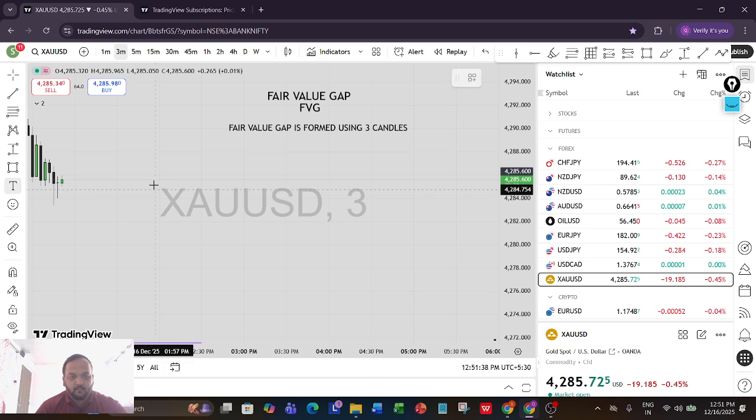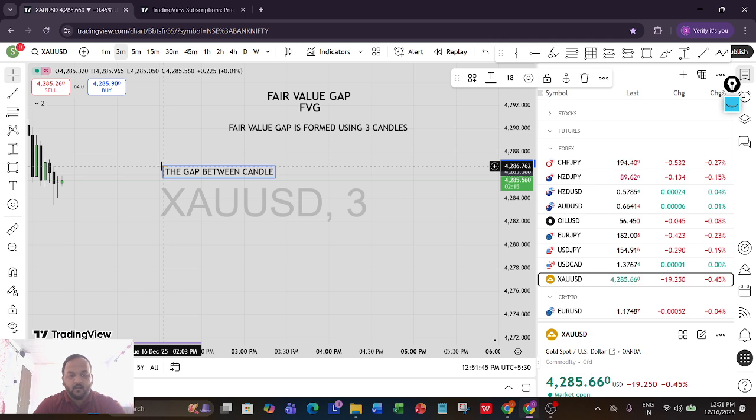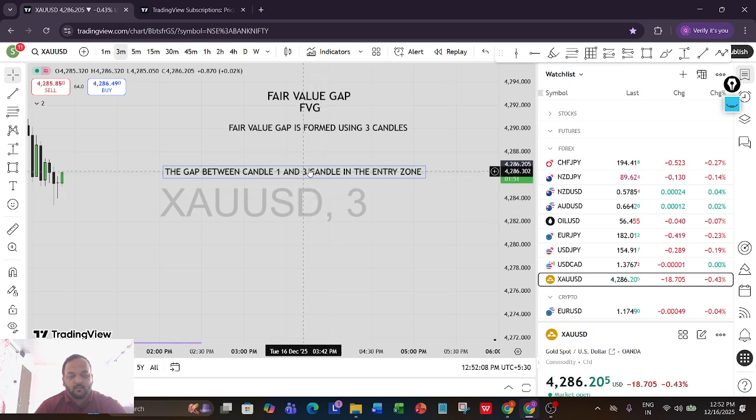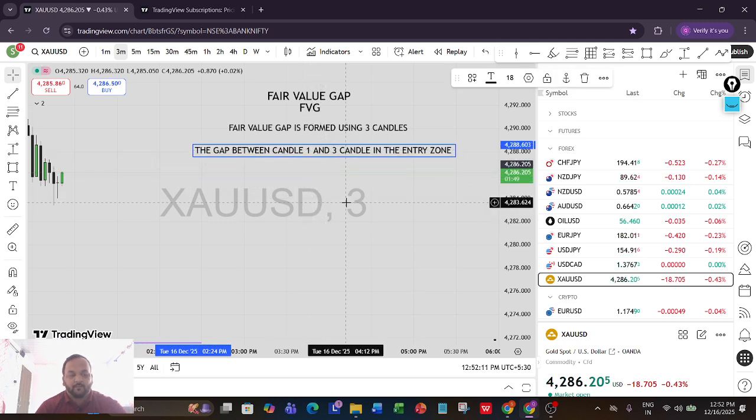So I will tell you, the gap between the first candle and the third candle is the entry zone. So this is the perfect example of fair value gap.